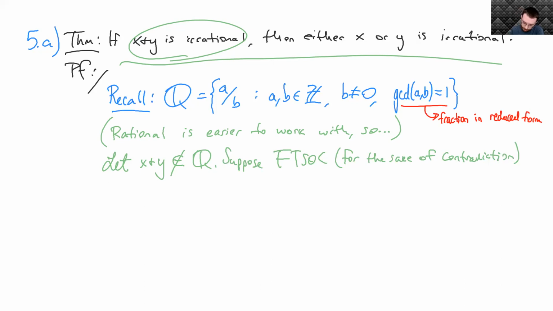Suppose for the sake of contradiction that the negation of this statement holds. So what's the negation of x or y is irrational? The negation would be x and y are rational.